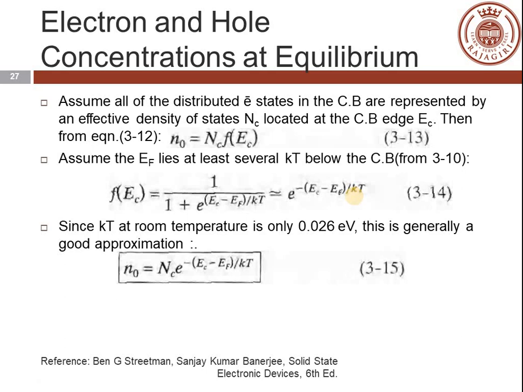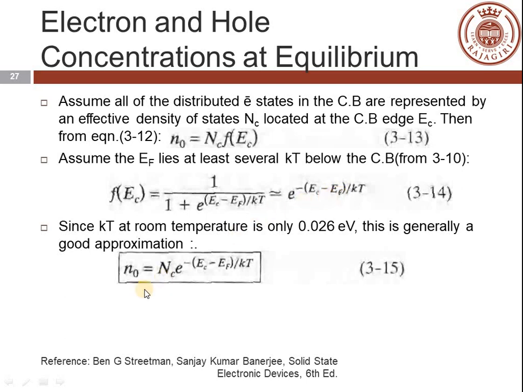Now the value of kT, we have seen the value of Boltzmann constant earlier, and the room temperature will be taking temperature as 300 Kelvin. So when you multiply these two values, you will get 0.026 electron volt. And at room temperature, this will be a good approximation. And in the equation 3.3, Nc into f of Ec. So f of Ec is e to the power minus Ec minus EF divided by kT.